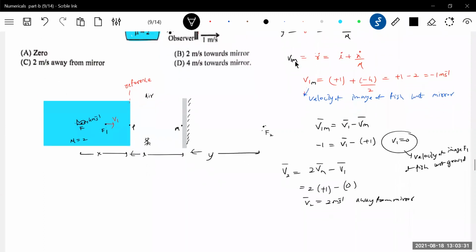Now what should I call this V2? Velocity of image of fish formed in the mirror and observed by the person, or as seen by the observer.